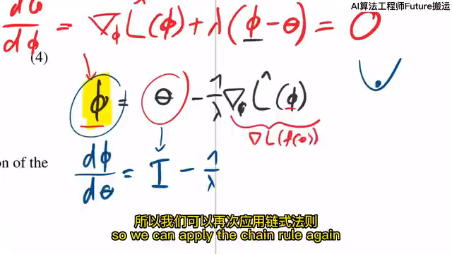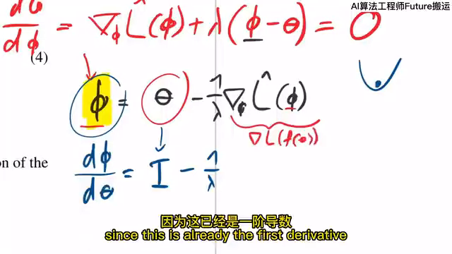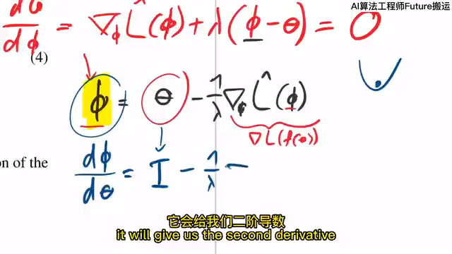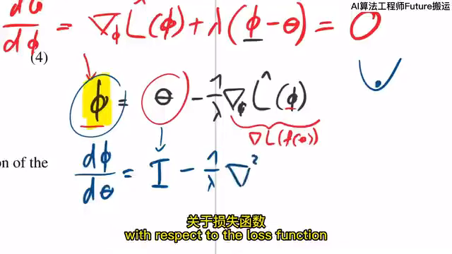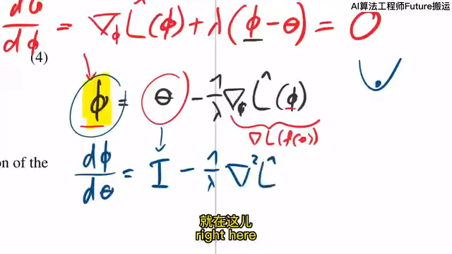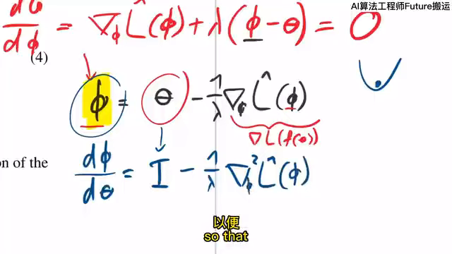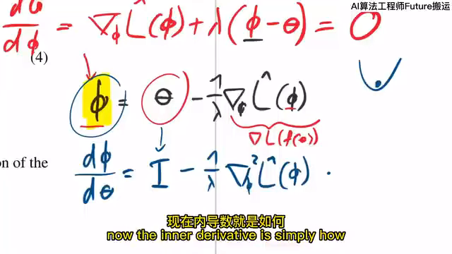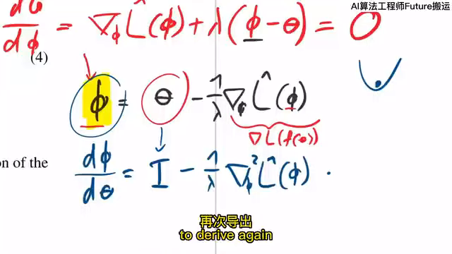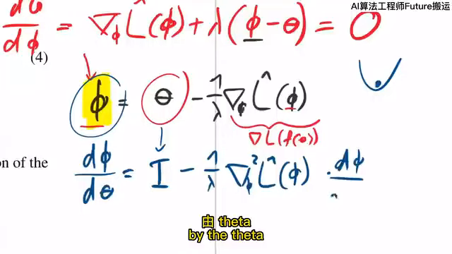So we can apply the chain rule again. Since this is already the first derivative, it will give us the second derivative of the loss function right here with whatever goes into the loss function, times the inner derivative. Now the inner derivative is simply how to derive again the phi by the theta.